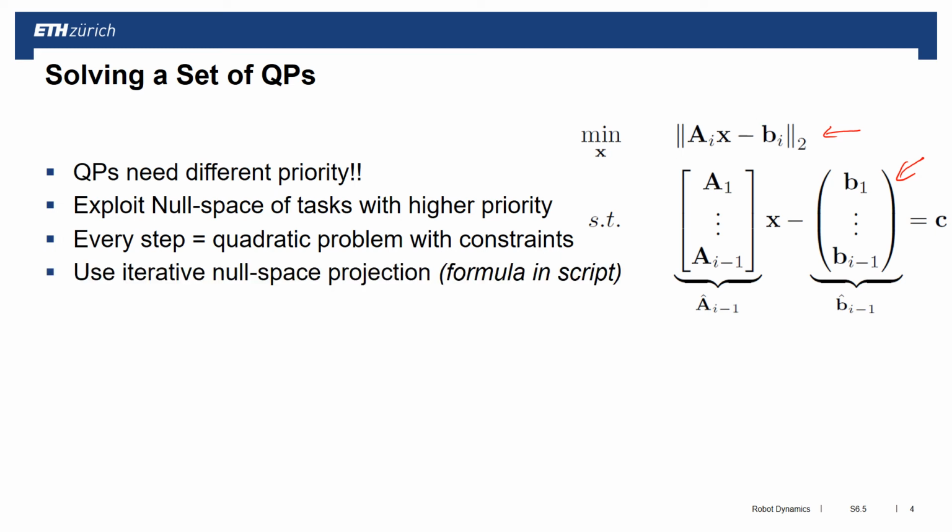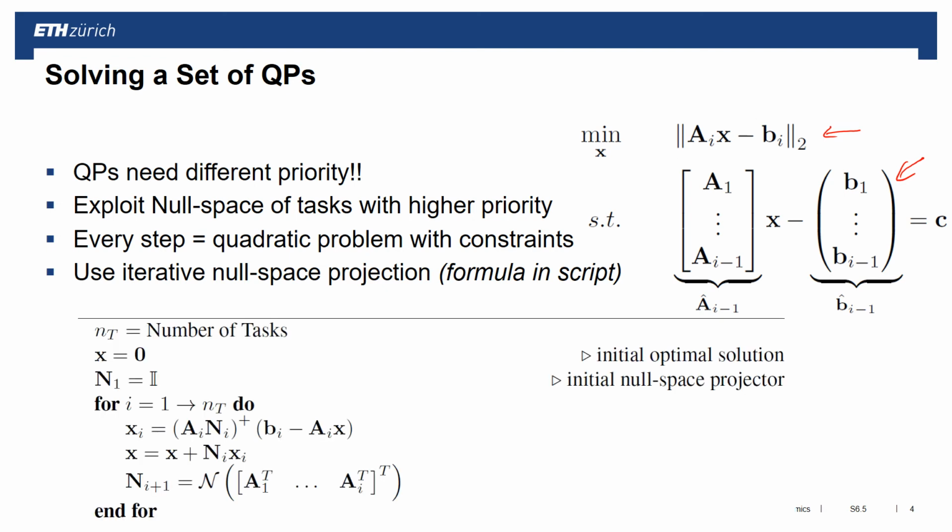And we can formulate this iteratively. This formulation you find in the script. I also put it here for completeness. In essence, for the number of tasks that you have, you're initializing the solution, and you're initializing the null space projection matrix, which obviously for the first task is identity, so you can optimize in all directions.